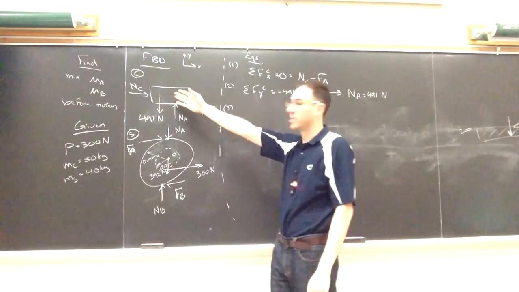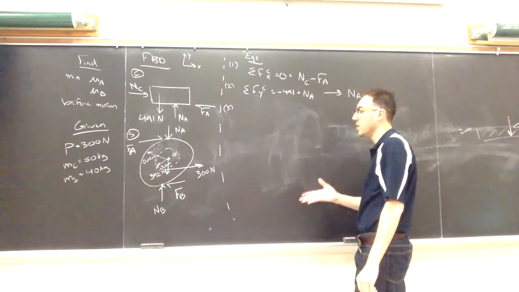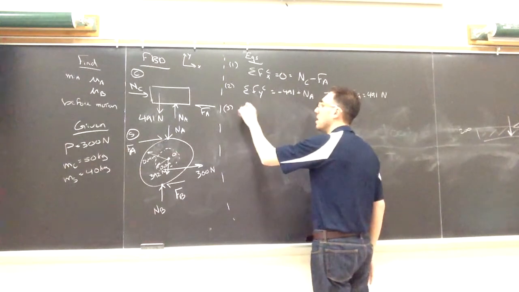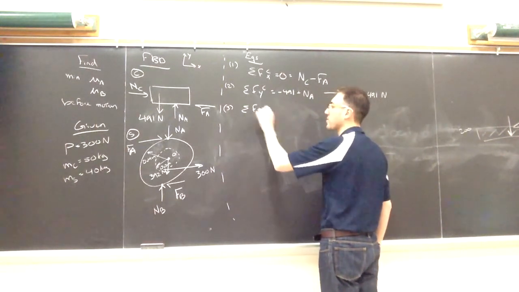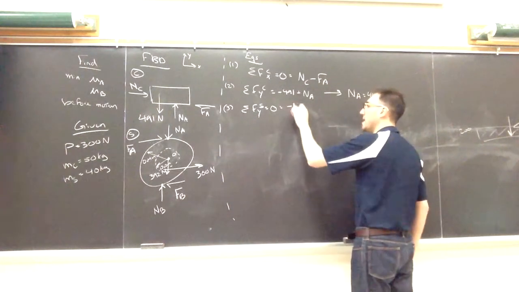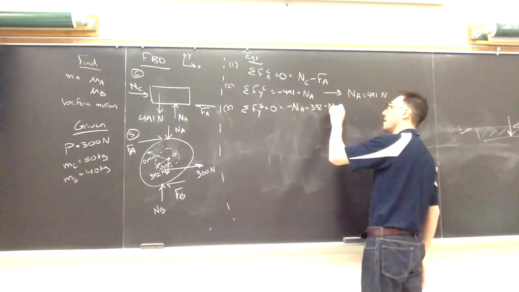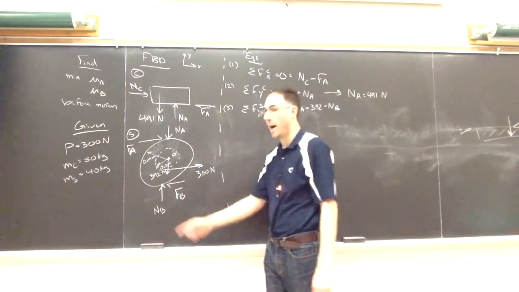I can't get a moment equation, so I'll move on to my second picture to get the rest of my equilibrium equations here. If I start with the y direction here, I have my NA down, the weight down, and the normal force of B up.